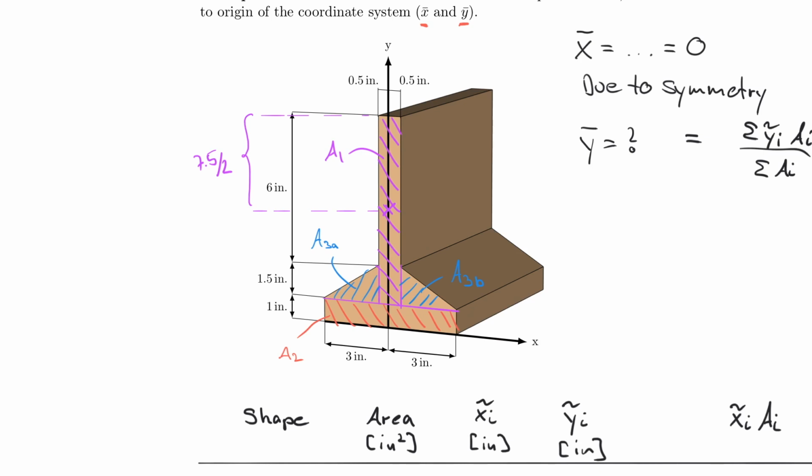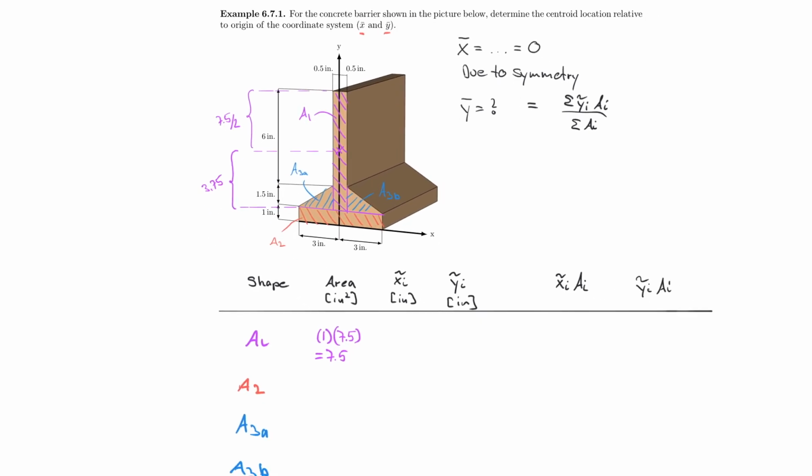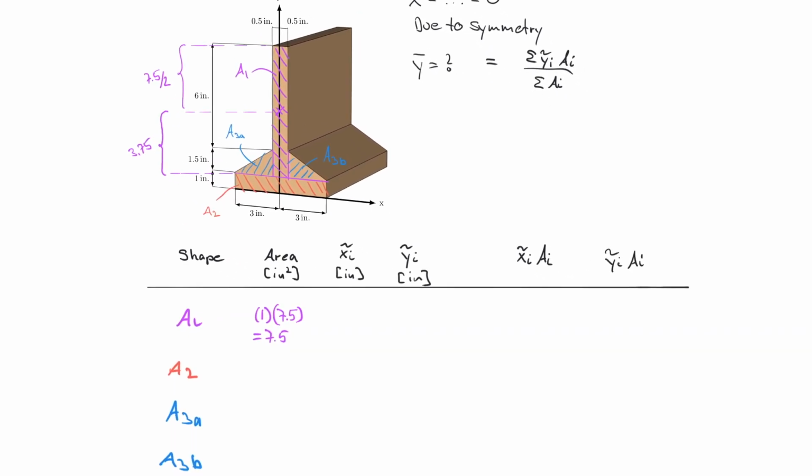But the distance that's even more interesting for us is the one here on the bottom, which of course is the same, but now I give you the full number. So 7.5 divided by 2 is 3.75. And now when I go to populate my table, I have to be careful because x tilde i is 0, right? Because the distance in the x direction from the centroid to the origin of the coordinate system is 0.